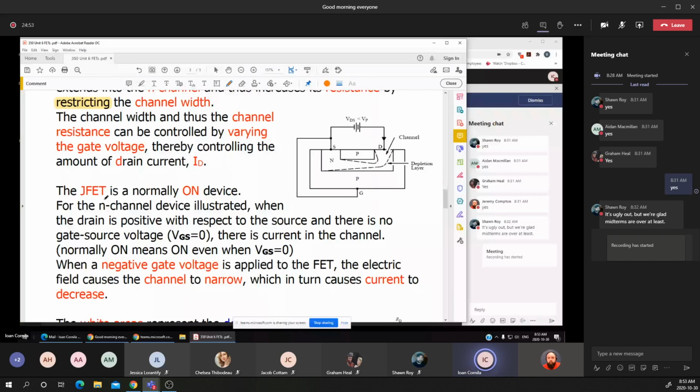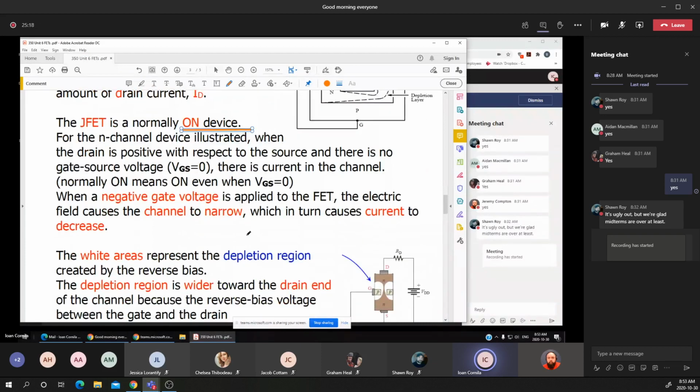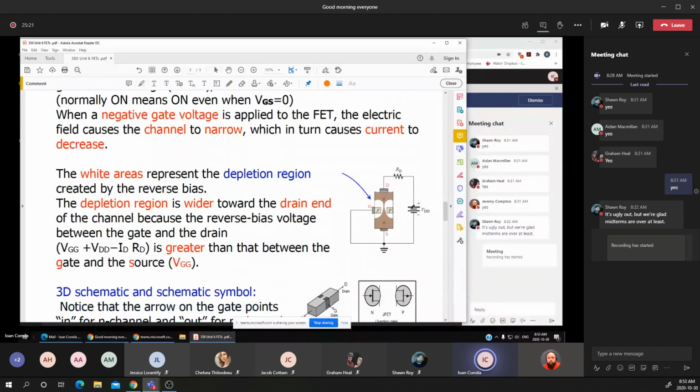As I mentioned, the JFET is a normally on device, meaning that without applying any voltage on the gate, the maximum current can flow through the transistor. Now, this diagram shows the depletion region and how the channel is blocked or obstructed as the depletion region becomes wider or smaller.